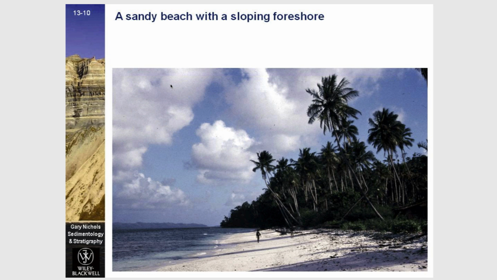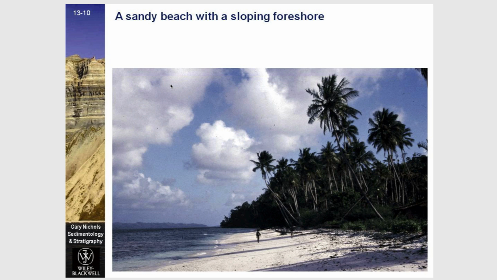So many times the sand color will be a function of the material that accumulates on the foreshore, and since we are in a shelf setting, especially in tropical regions, we have quite a bit of biota that develops in the neritic zone, and so most of the shelly material that forms from these organisms is fragmented and accumulated on the foreshore environment and leads to these whitish sands.